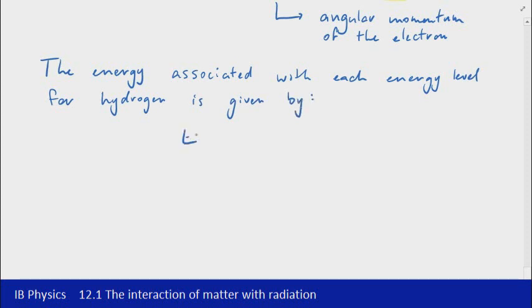It's simply that E, the energy for the nth level, is negative 13.6 over n squared, in electron volts. Again, that's an equation that's in the data booklet. If you think about it, when n is equal to 1, then E is equal to negative 13.6, so the ground state for hydrogen is negative 13.6 electron volts.